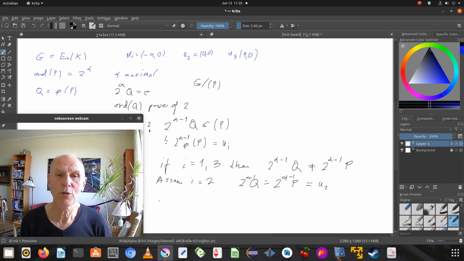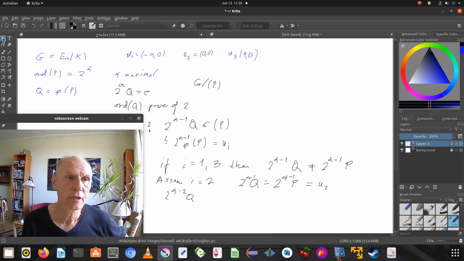Therefore, we look at the points before that. So we look at 2 to alpha minus 2 q. In G, it has exact order 4, because twice the point is a point of exact order 2.